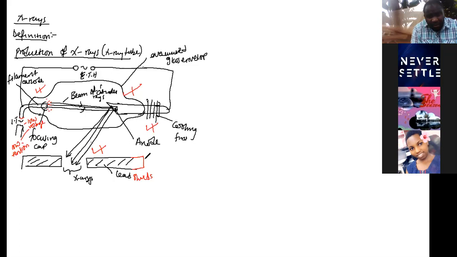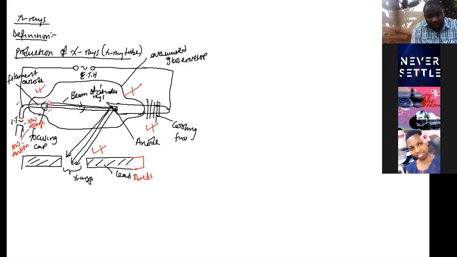So by definition, thermionic emission is the emission of electrons from metal surfaces when they are heated to high enough temperatures. Now, here when you heat the cathode with a low voltage supply, you're going to produce electrons by thermionic what? Emission. Now, these electrons are going to be focused by the focusing cap, yeah?